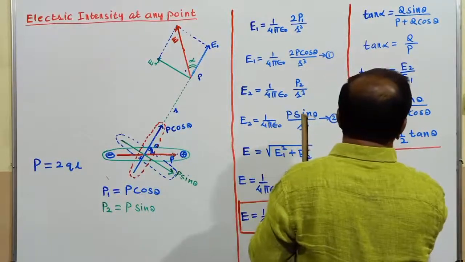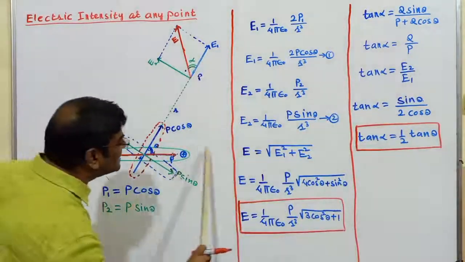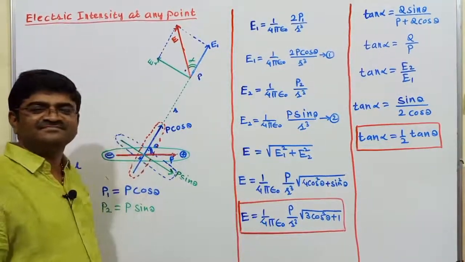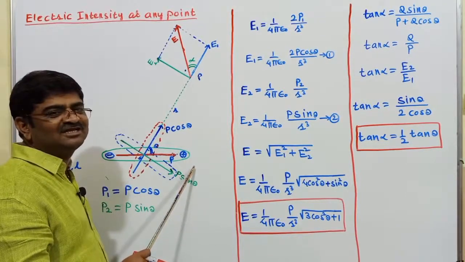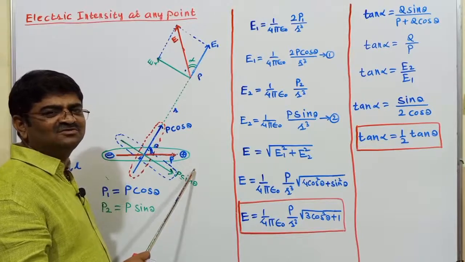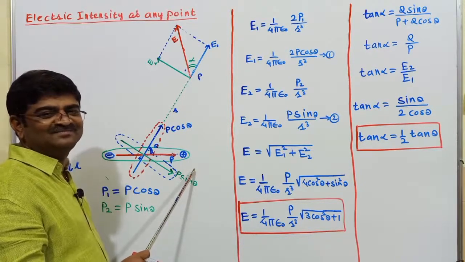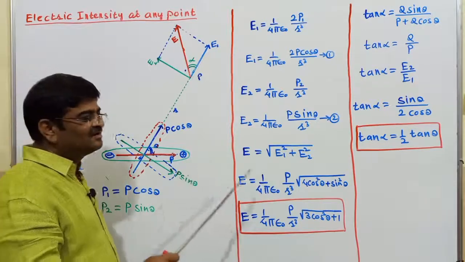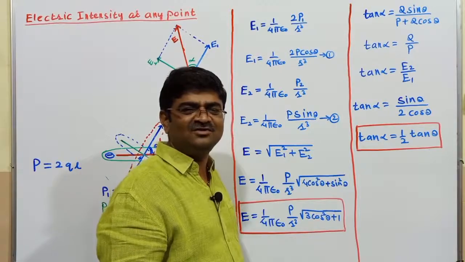Look here. In case I had this point be on axial line, how much theta is? 0. And you know tan 0 is how much? 0. Tan inverse of that, you get 0.